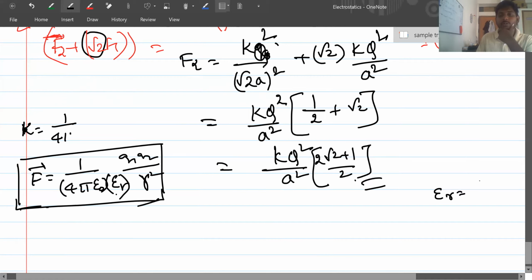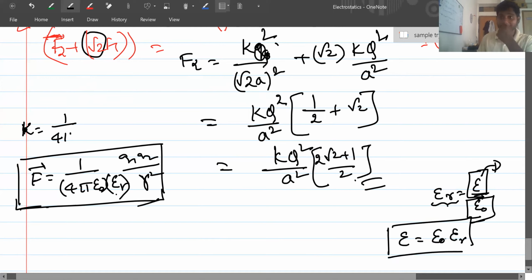Epsilon r is equal to epsilon by epsilon naught. Epsilon naught is the permittivity of free space. Epsilon is the permittivity of the medium that you kept. Then epsilon r is the ratio of the permittivity of the medium to the permittivity of free space. Then epsilon is equal to epsilon naught epsilon r. Got it?